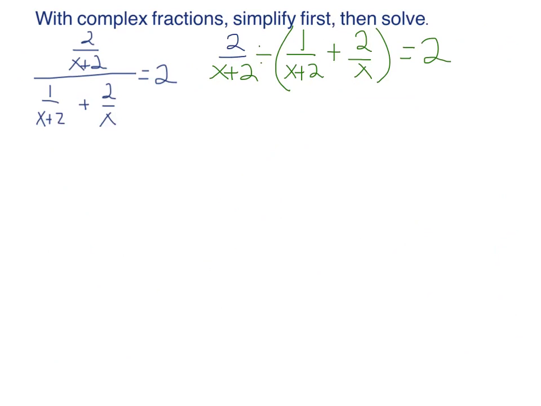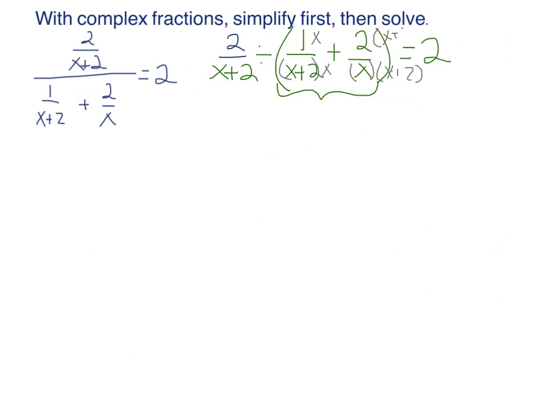Alright, so I'm going to simplify this part right here. I'm going to put these together. Remember, when you add fractions, you need a common denominator. So I'm going to multiply the top and the bottom of this by x, and I'm going to multiply the top and the bottom of this by x plus 2.